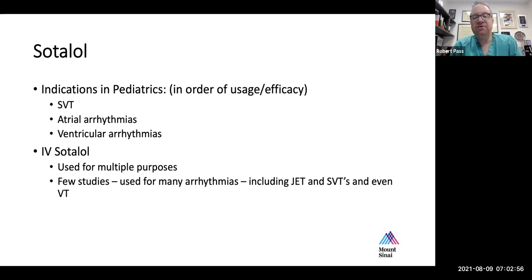It has even been used for junctional ectopic tachycardia and SVT and even VT. I think what a lot of authors do is, if you know you're going to go to oral sotalol and somebody has an acute arrhythmia, they'll use IV sotalol to get the level up relatively quickly, especially if the patient is NPO.